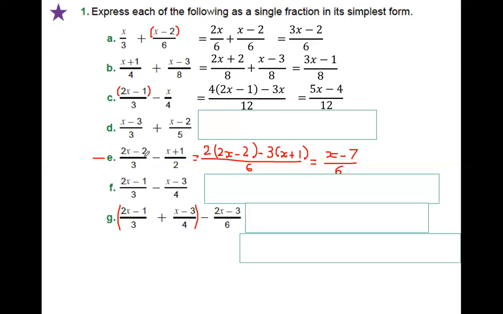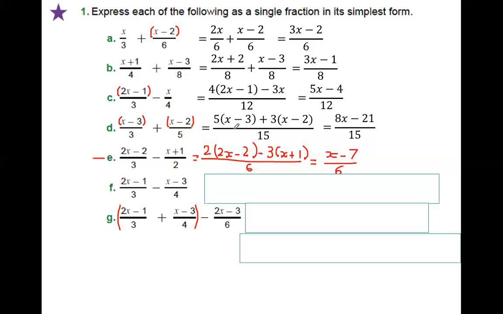The next one here, I've got 5 and 3, so they're both, again, so once you've seen these are prime numbers, then your common denominator is just going to be 5 times 3. So you might as well use the cross and smile, by making sure you will times both 5 times x minus 3 plus 3 times x minus 2.